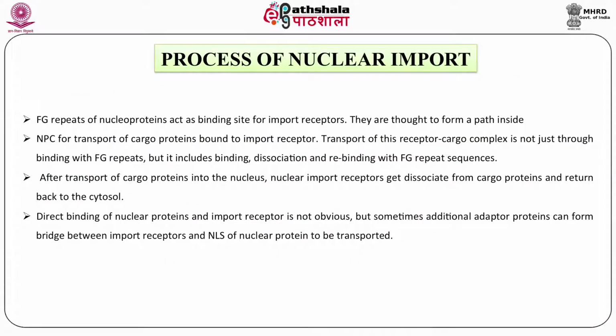FG repeats of nucleoporins act as binding sites for import receptors. They are thought to form a patch inside the NPC for transport of cargo proteins bound to import receptors. Transport of this receptor-cargo complex is not just through binding with FG repeats, but includes binding, dissociation, and rebinding with FG repeat sequences.